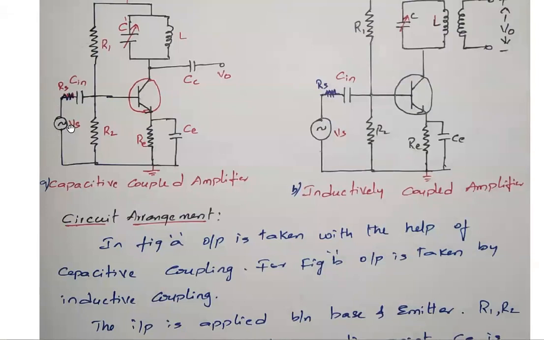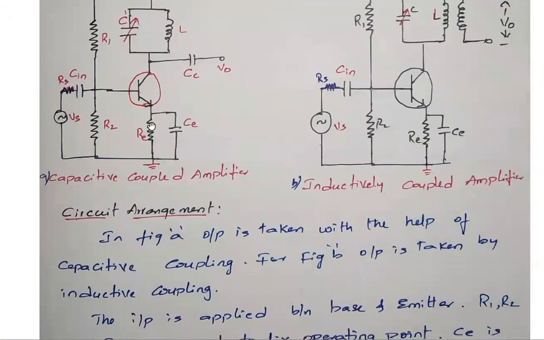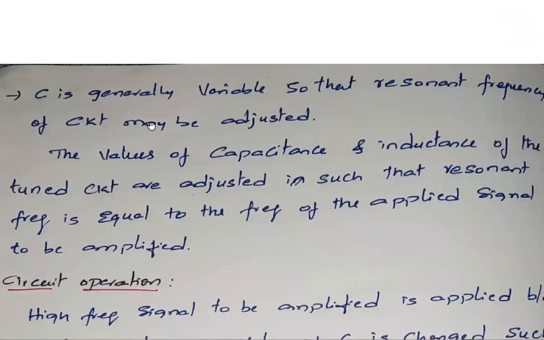If this 2 kHz is equal to the tank circuit frequency, then the circuit is in the resonance condition. When the applied frequency is equal to the tank circuit frequency, the circuit is said to be under resonance.